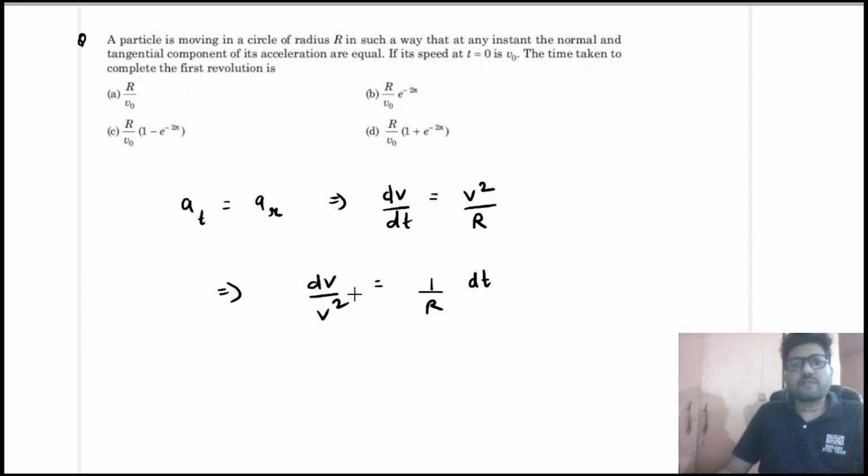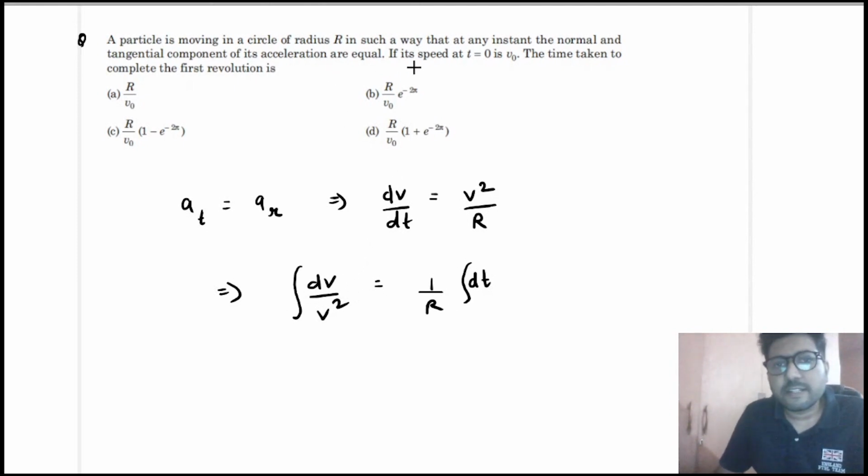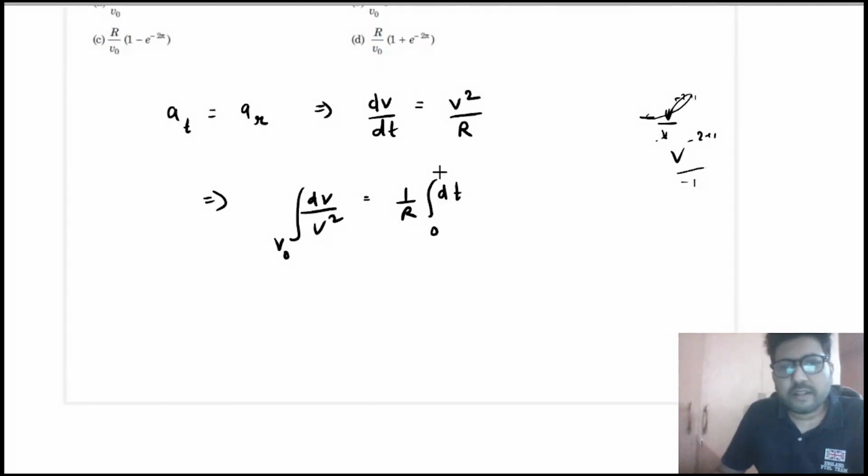Okay. So from this, if you integrate, it is given in the question that its speed at t equal to 0 is v naught. At t equal to any time t, let us assume the speed is v. So this will be equal to minus 1 by v, integrated from v naught to v, is equal to t by r.